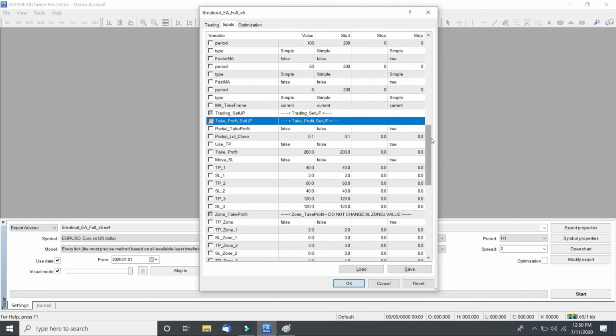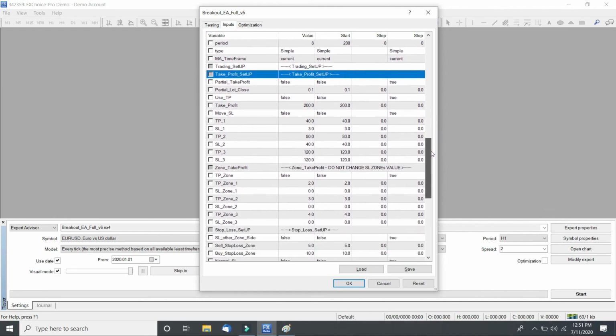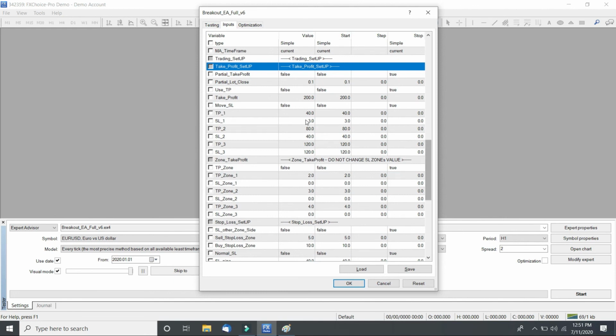Now here we are on trade setup. I want to show you this before I go to each one of them. As you can see, there are different types of profit taking. There is just a set take profit. There is move stop loss profit taking, which is like a stop trail, price trailing, however you want to say it.